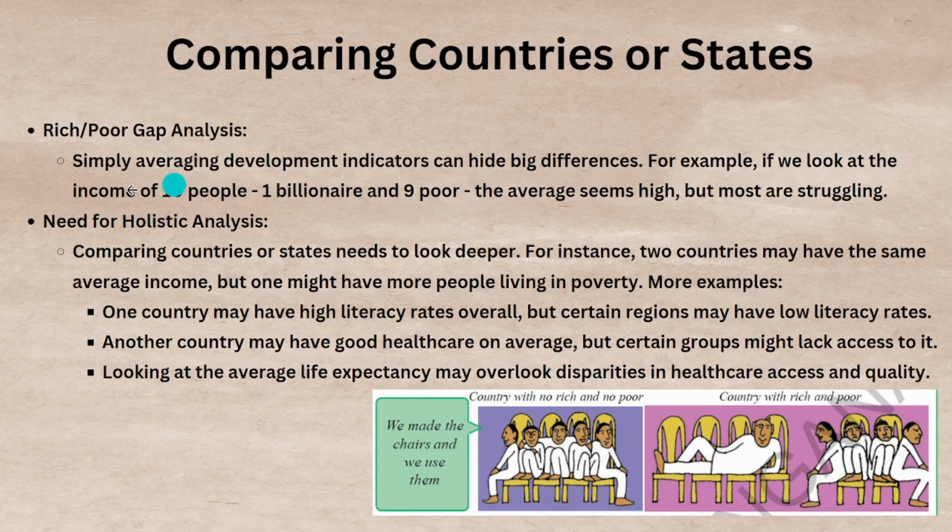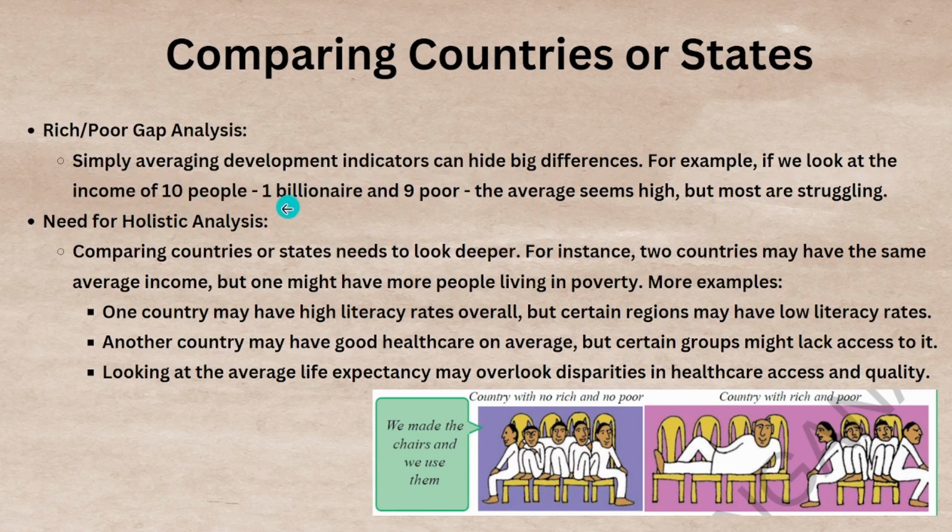To calculate development, people take an average. They will take an average of 1,000, of 1 lakh people, of 100 crore people. They will take an average of the whole of India. So when that happens, if you take an example of 10 people, and one is a billionaire, very, very rich, with some hundreds of crores, and nine are poor, the average will look very high.